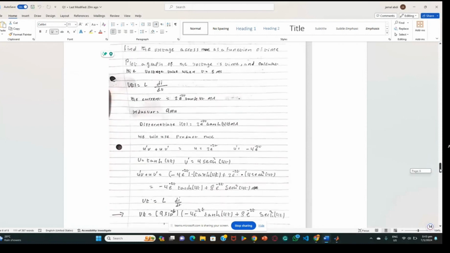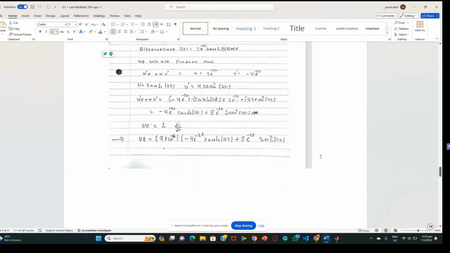So this is the formula that I used, and this is the current, and this is the inductor. So it's differentiation of the current first. This is step 1, and we will use the product rule, and this is the product rule here.